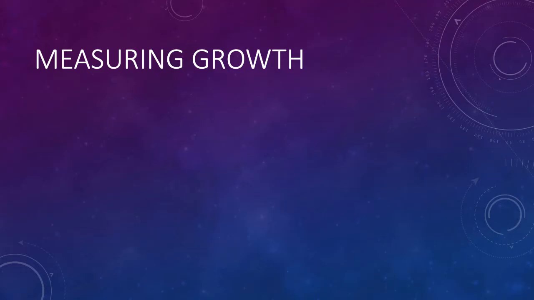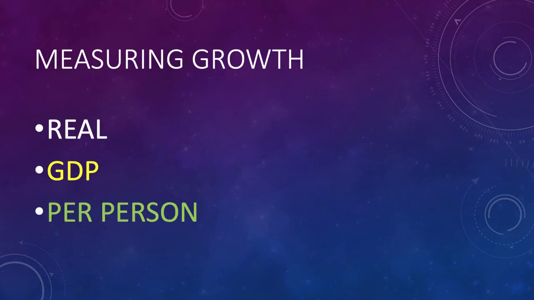So the first thing we want to do, as we examine economic growth and what causes economic growth, is we want to be able to measure it. We've talked a little bit about this idea as well. Economic growth is a measure of a change in the real GDP per person.